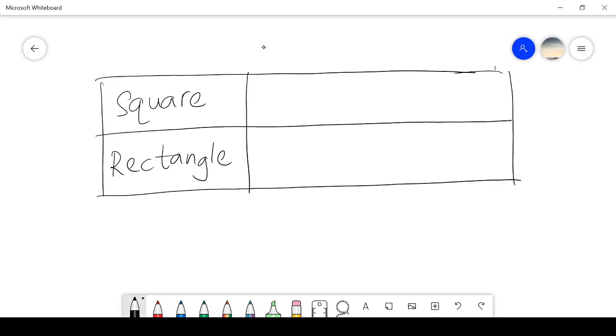If I wanted to work out the perimeter, the perimeter is simply 4 times the length, or 4 times the side. If I wanted to work out the perimeter for a rectangle, the perimeter would be 2 times the sum of the length plus the breadth.